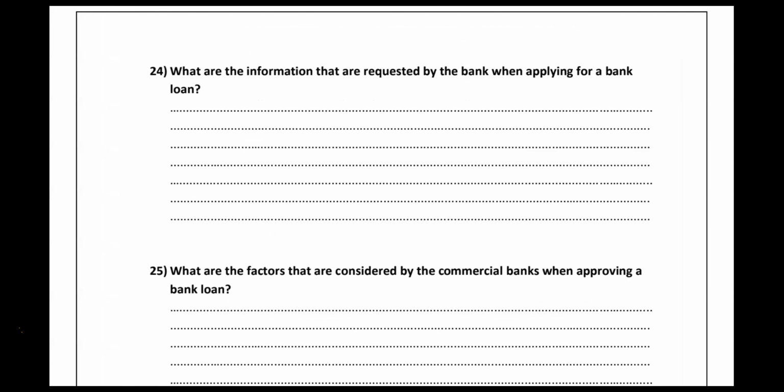So what information is requested by the bank when applying for a bank loan? When you are applying for a bank loan, the bank will ask for some information. What are those? First thing, write it down: completed loan application form.